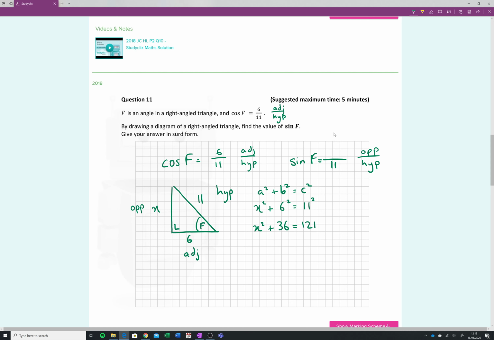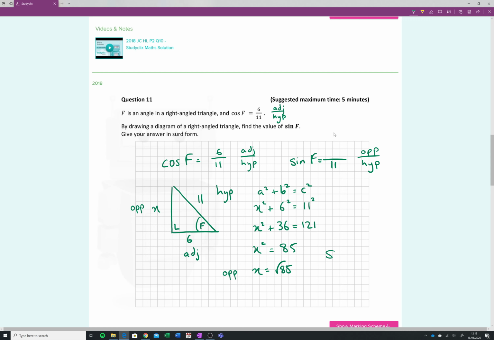So if we subtract 36 from both sides, we get x squared is equal to 85. We can now say that x is equal to the square root of 85. So root 85, and that's the opposite. x was the opposite.